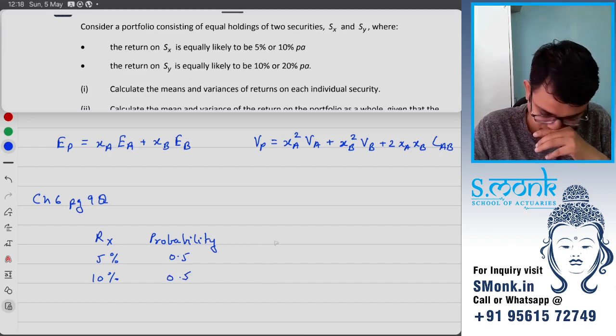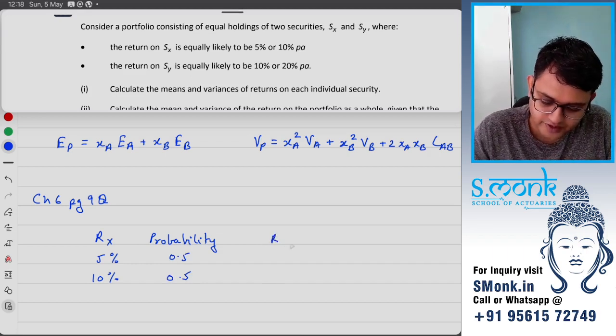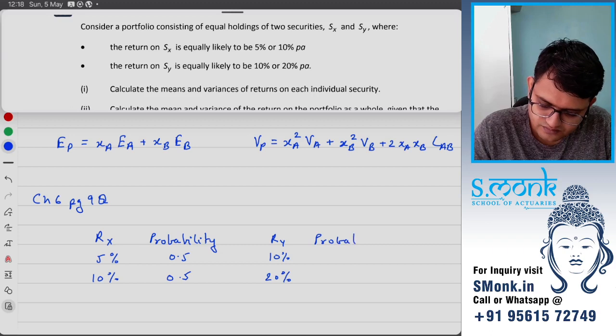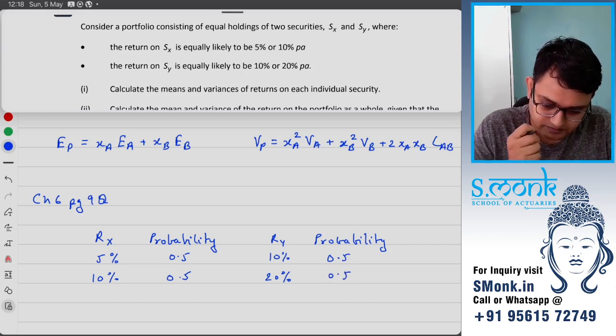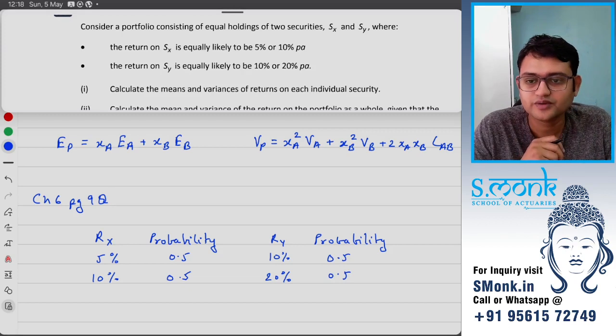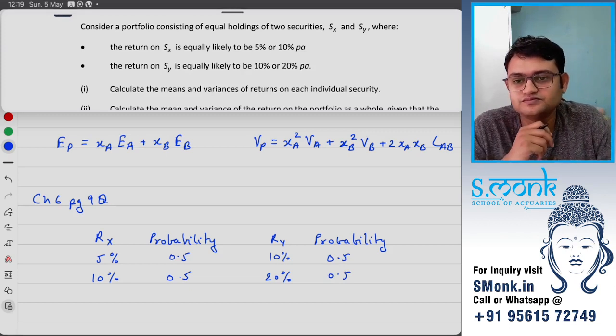Then same thing with return on investment for Y.